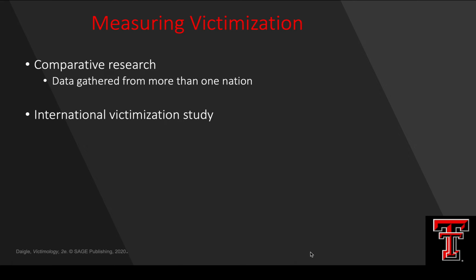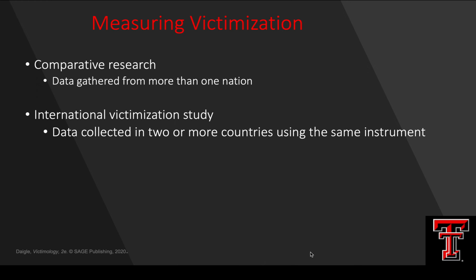There are several ways we can do this. First is an international study. This is data collected in 2 or more countries using the same survey, the same methodology, the same instruments. So the data is collected in the same way in different countries. As you can imagine, this is really difficult to do. There have not been very many international victimization studies.